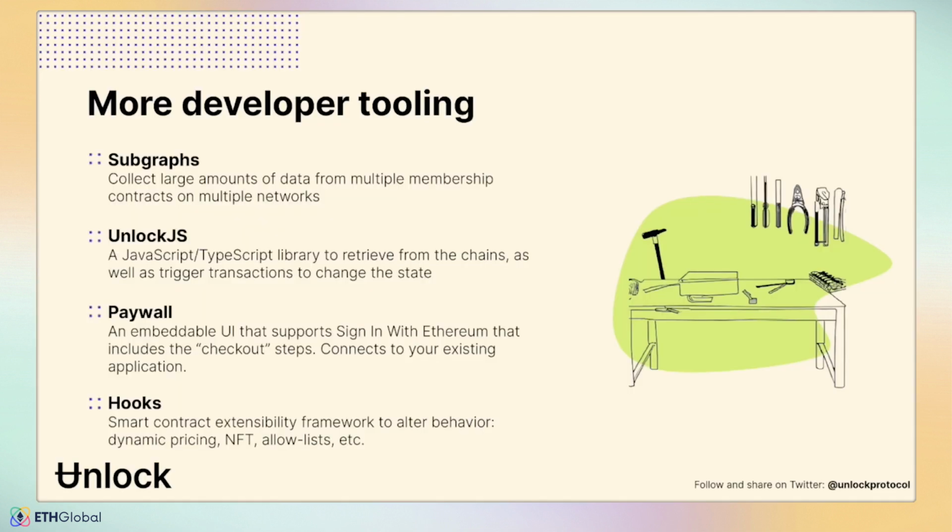Another useful developer tool that we have introduced is called Unlock.js. This is a JavaScript and TypeScript library that retrieves data from the chain. You could use that instead of the subgraph, but it also includes the ability to trigger transactions to change the state of the chain. It is based on Ethers.js.